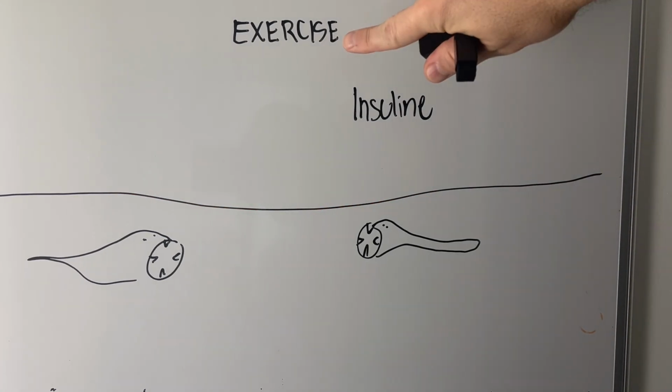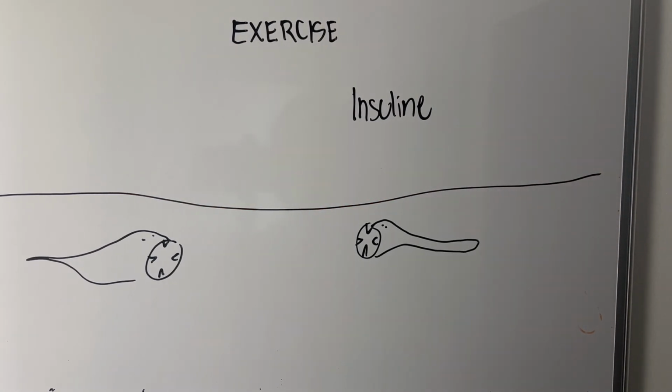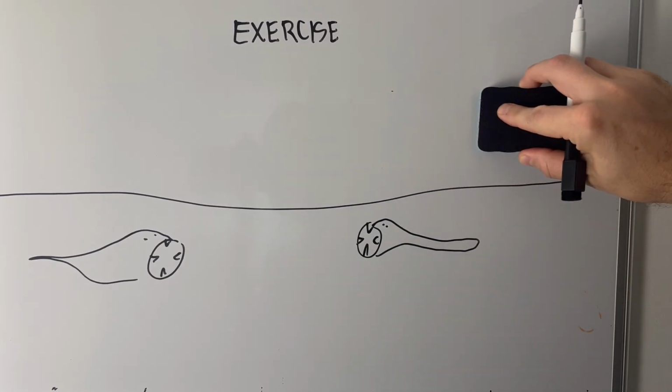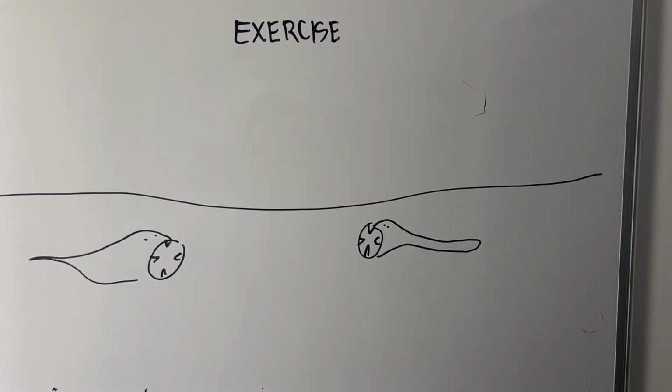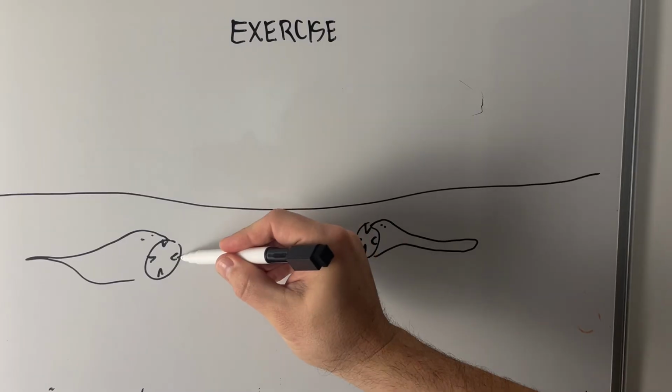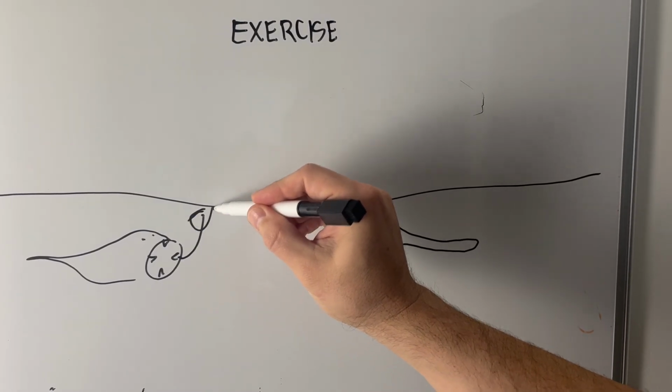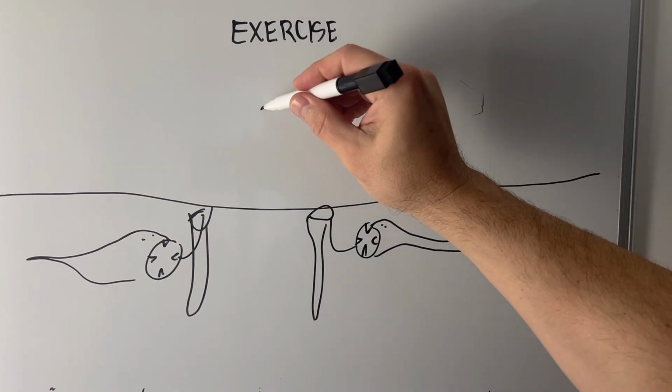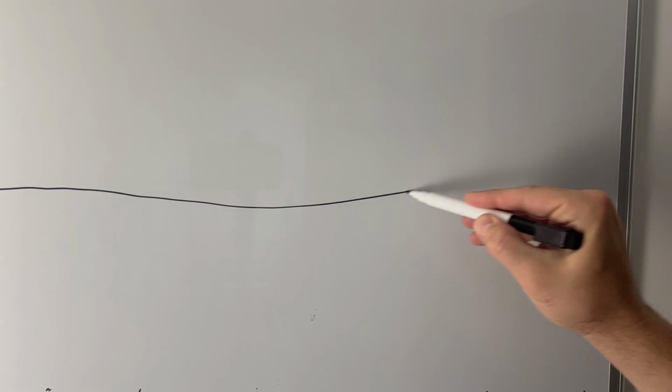Now, all exercise, even in the absence of insulin, will cause these transporters to come up to the surface and hang out for 2 to 4 hours.